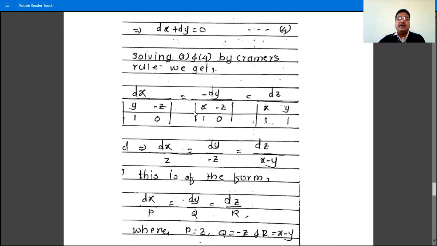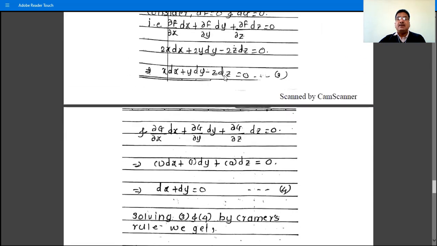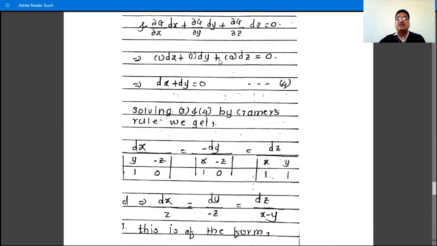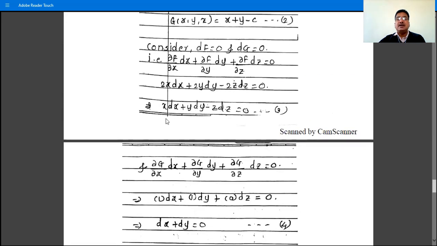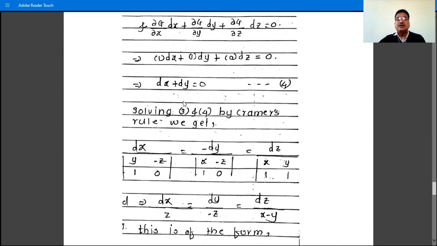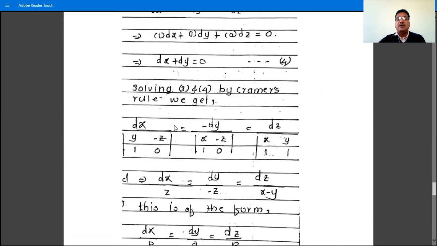Solving 3 and 4 by Cramer's rule. So dx divided by the determinant with y minus z as the first row and the second row 1 0, minus dy divided by the first row x minus z and the second row 1 0, and dz divided by x y as the first row and 1 1 as the second row.